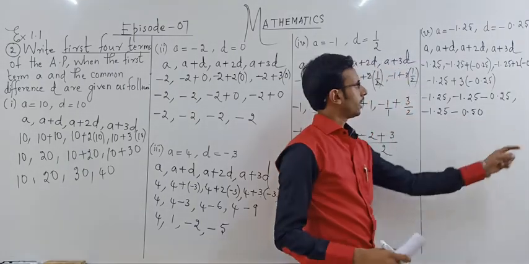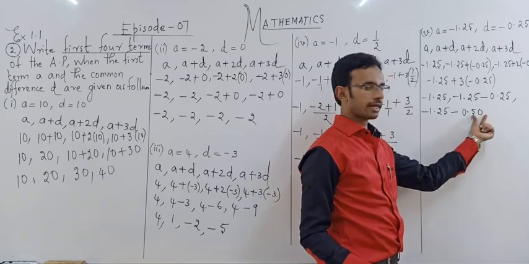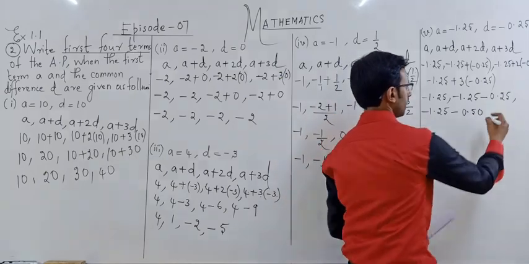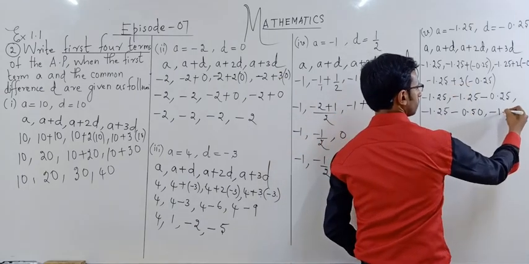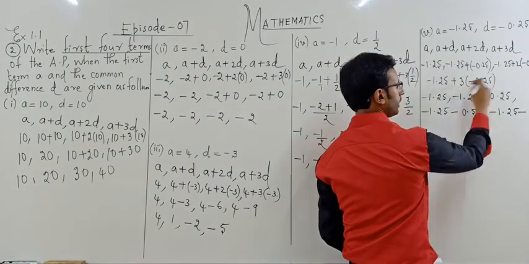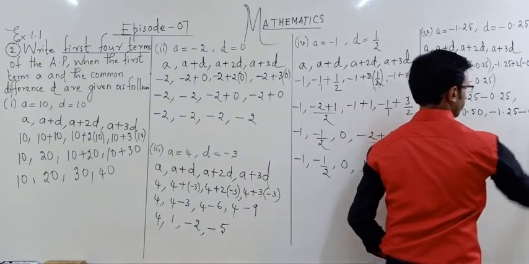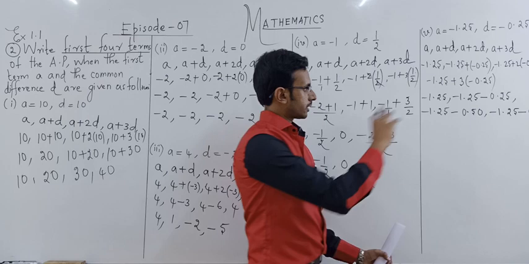It's quite simple, you all know 25 2s is 50, so just write down 50 here. Easy multiplication. And then the fourth term, minus 1.25 plus into minus is minus 3 into 0.25, which is 0.75.